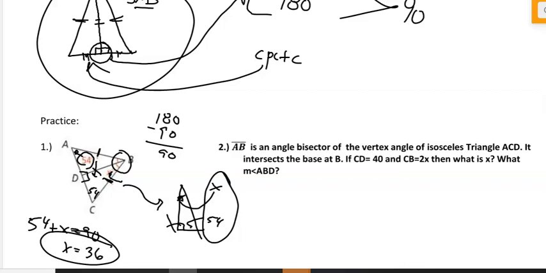All right, so for the last one here, it says AB is an angle bisector of the vertex angle. I'm going to draw it. Here's our isosceles triangle. AB is a bisector of the vertex angle of triangle ACD.